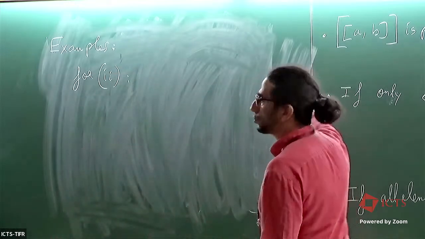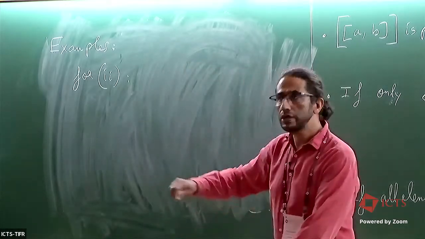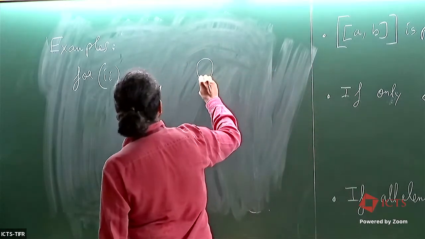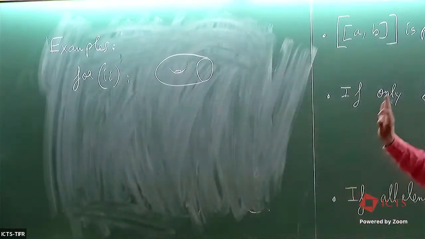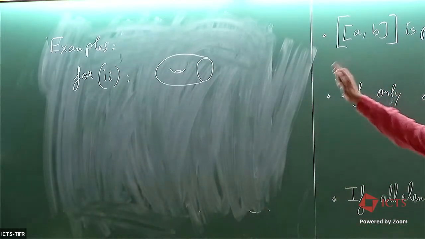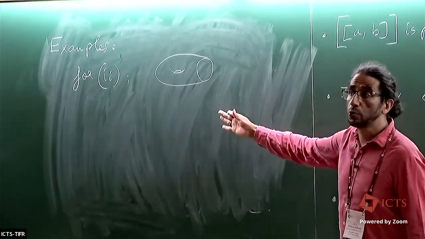And I will show you the free group of rank 3, but not in the graph way, but by taking a torus minus a disk. This has fundamental group F2.